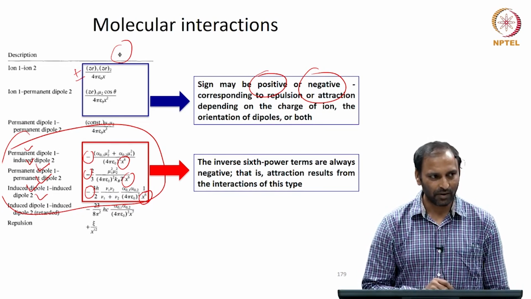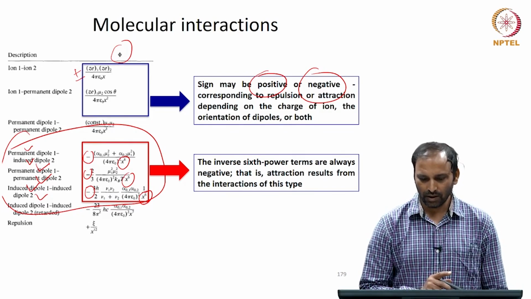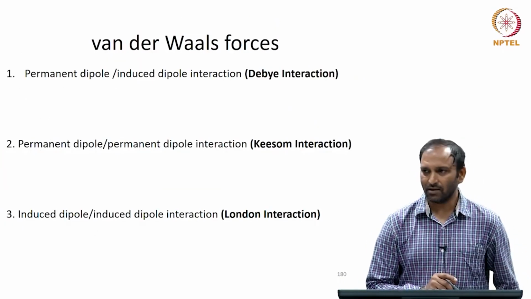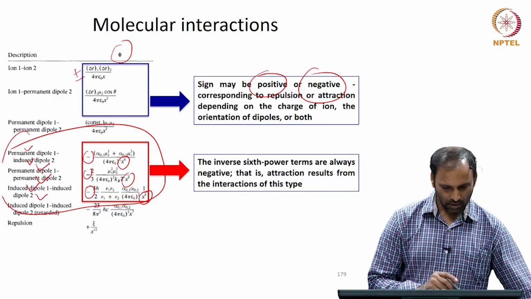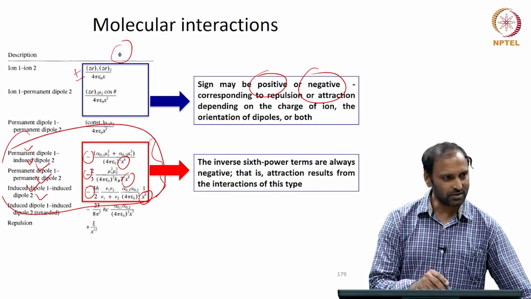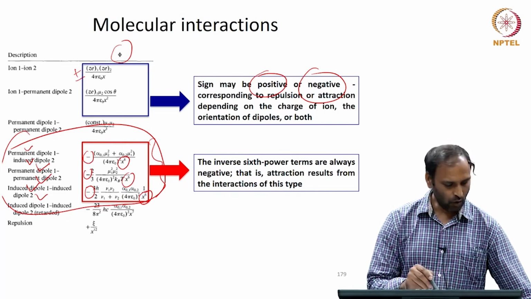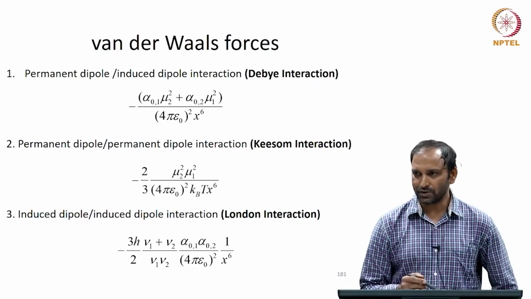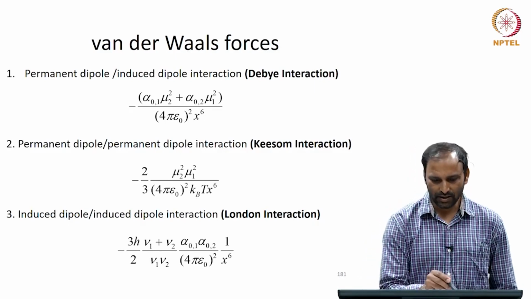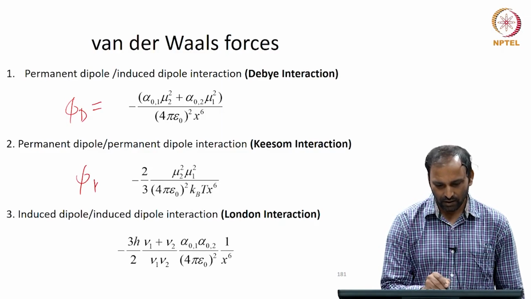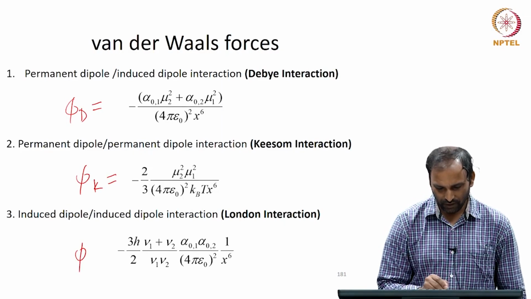These 3 entries which are always attractive and have 1 over x power 6 dependence are what are called van der Waals forces. That is your phi Debye, phi Keesom and phi London.